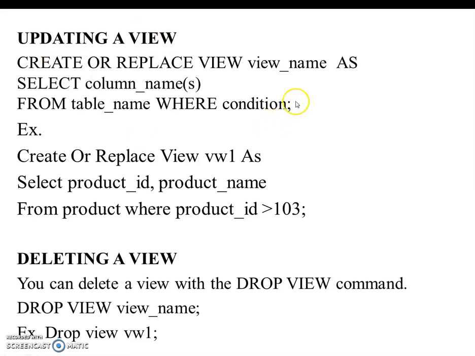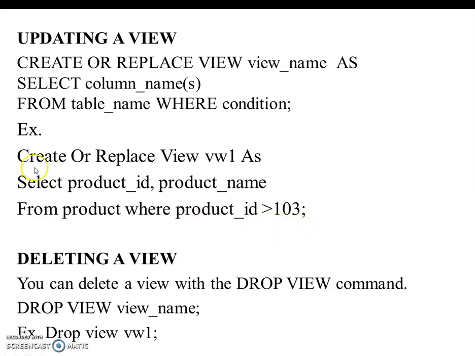Here I am going to change this condition. Create or replace view, view name, as select product ID and product name. I am keeping the product ID and product name columns as they are, but I am changing the condition: instead of 101, I am changing it to 103.